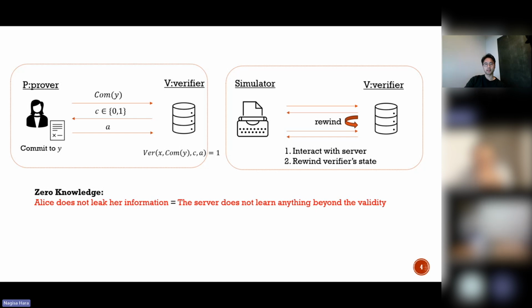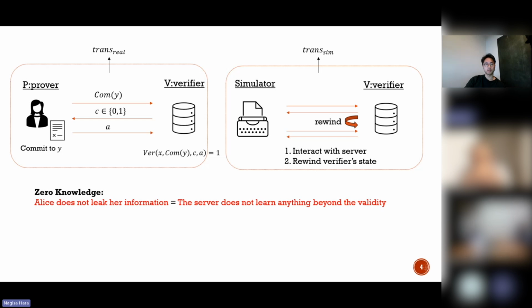And after that, the simulator can even rewind the verifier's state so that next time the simulator sends a query to the verifier, the verifier's reply doesn't depend on the prior question. So in this way, the simulator can interact with the verifier and sometimes rewind the verifier's state. Then you can generate the transcript.